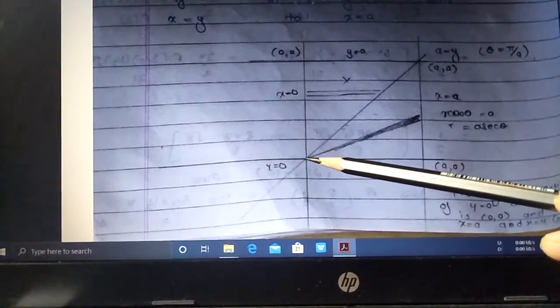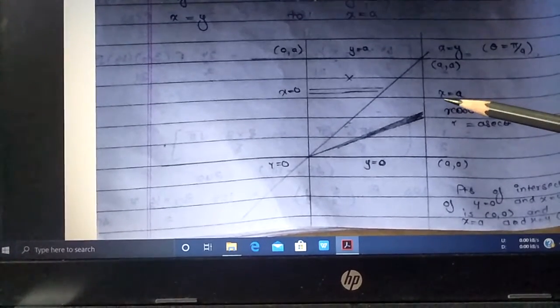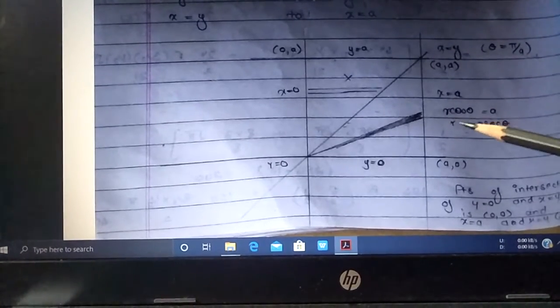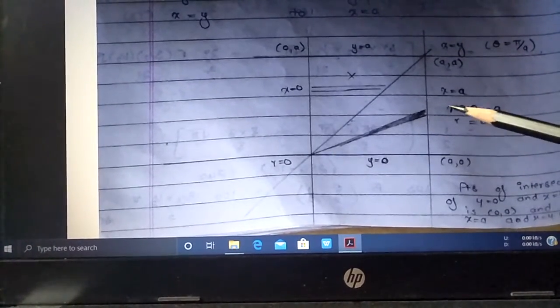The radial strip is drawn from r equal to 0 and it will end at x equal to a. But in polar form we have to put x equal to r cos theta. From this we get r is equal to a upon cos theta, which can be written as a sec theta. In this way we got the limits of r.